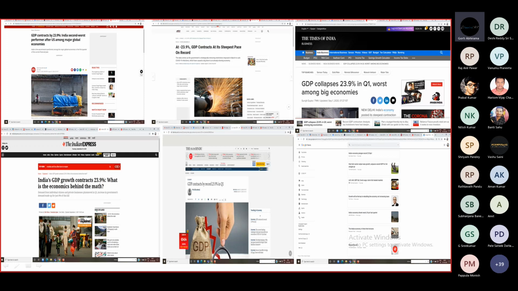What these news headings are telling is that GDP of India is likely to contract by 23.9%. And this is very consistently reported by many of the news agencies.